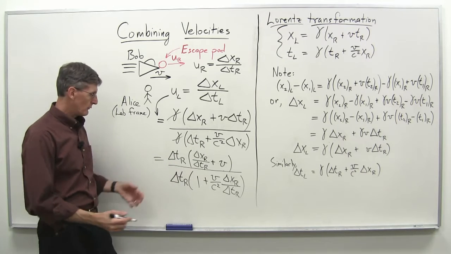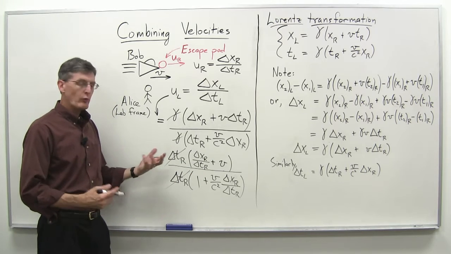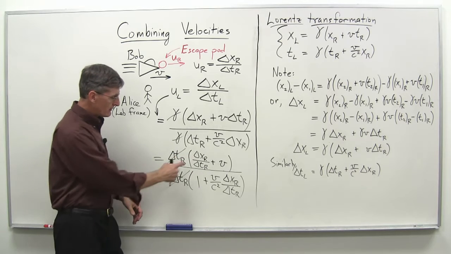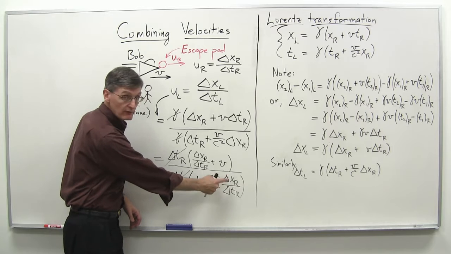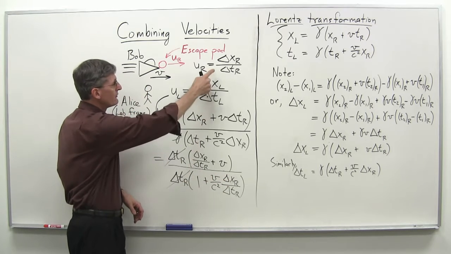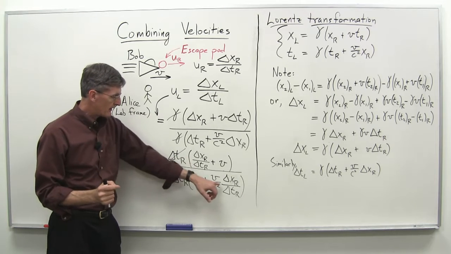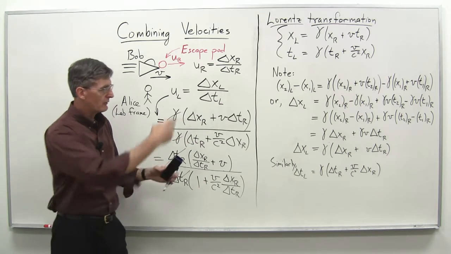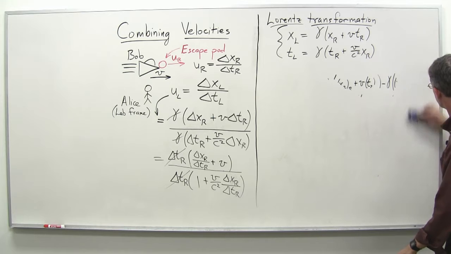And one thing we know right away is these delta t sub r's are going to cancel, so we get rid of those. But why did we do this? Well, look what we've got inside here. I've got a delta x sub r over delta t sub r. Another one down here, actually, delta x sub r over delta t sub r. And that is u sub r, by definition. So I can replace this and this with just the value u sub r that Bob is going to tell us. And now we'll erase this over here so we can write it nicely.